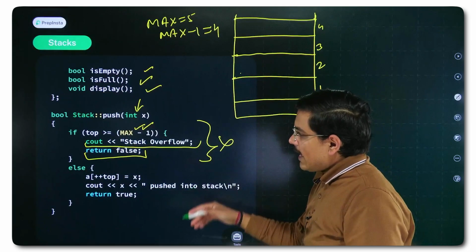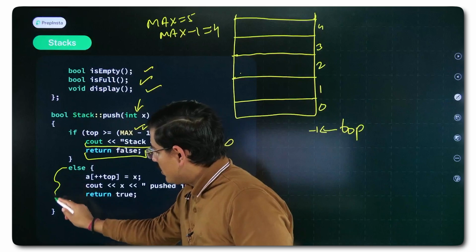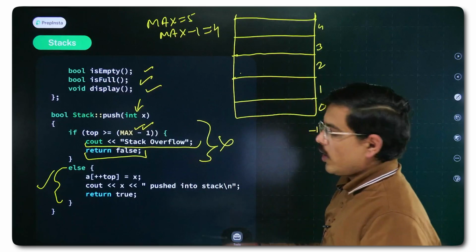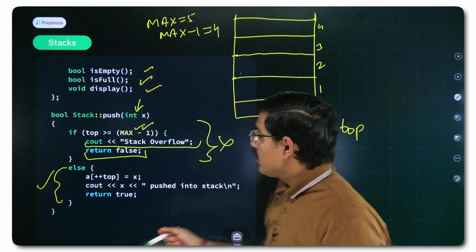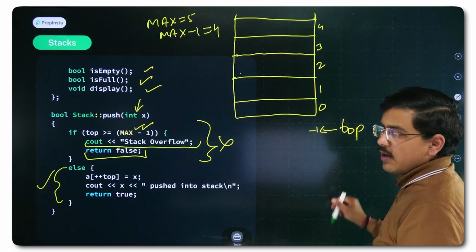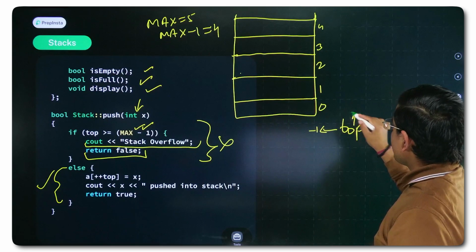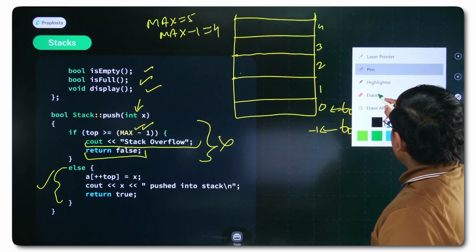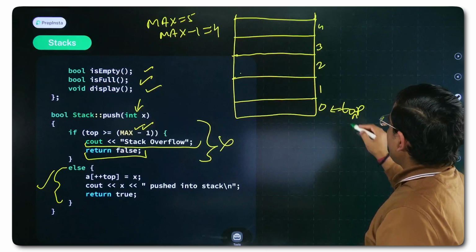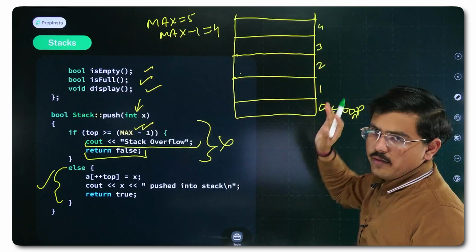So in that case, this else block will execute. What will happen? First of all, a pre-increment is happening, which means this top is increasing itself first. So top increments and top starts pointing at 0. Had it been somewhere here only, top would have incremented first, fine.